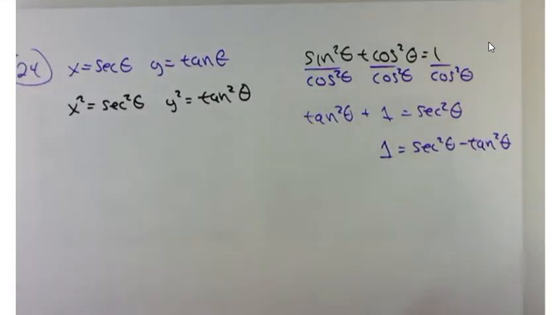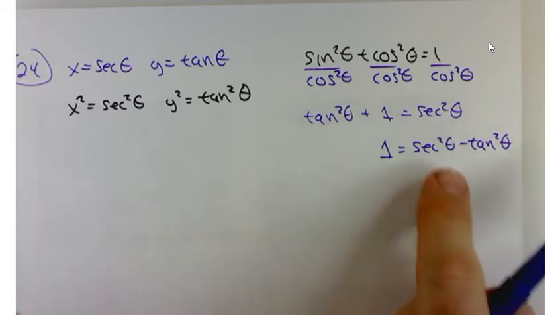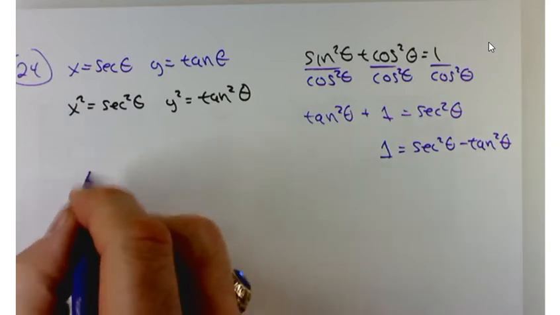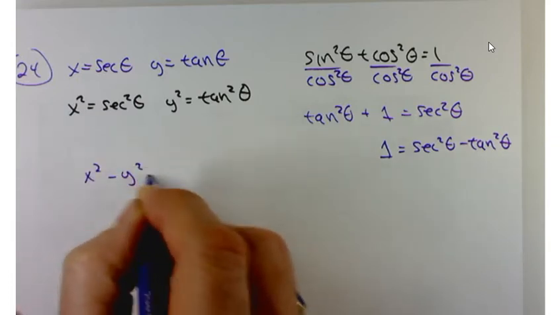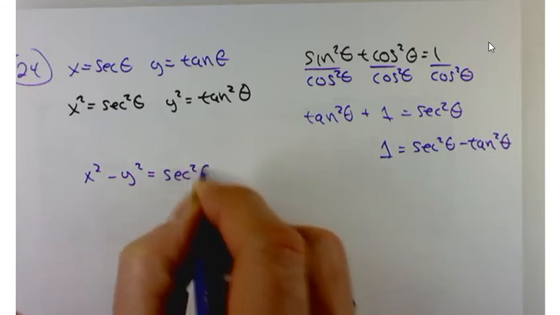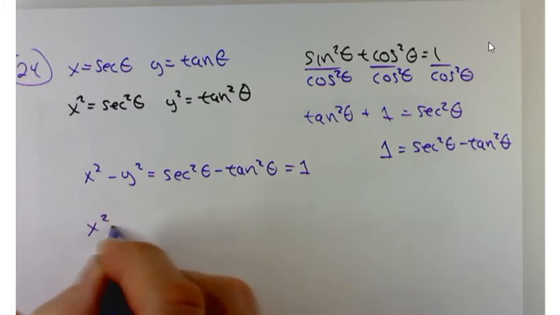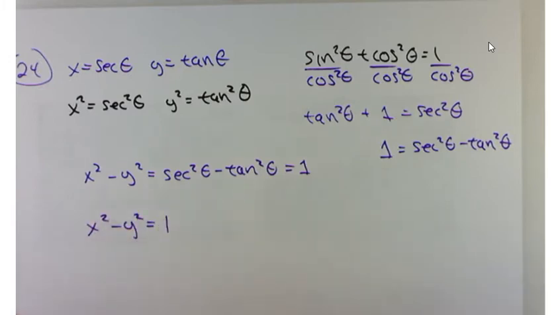But if you're comfortable manipulating it, you can come up with whatever you need whenever you need it. So in this particular case, x squared minus y squared is secant squared minus tangent squared, equals 1. What kind of graph is this one, if you were to graph it? Yeah, hyperbola. Yes, well done.